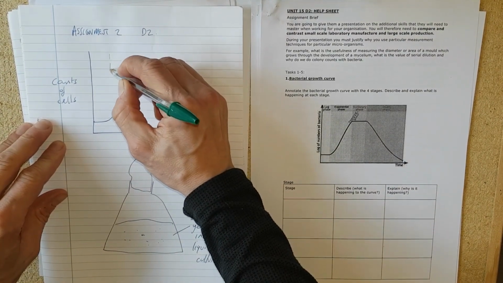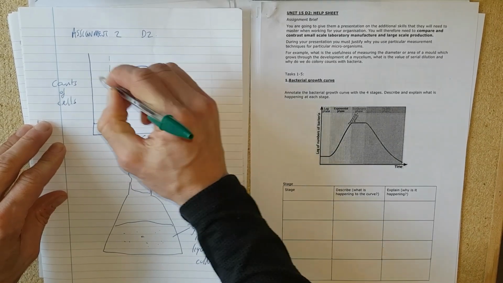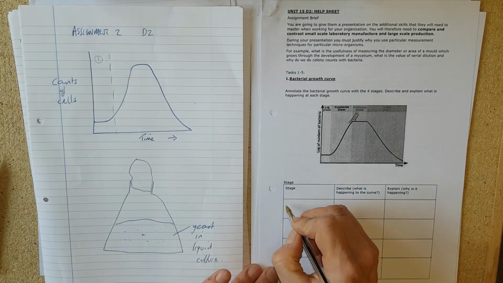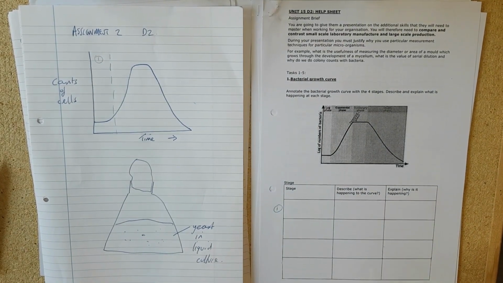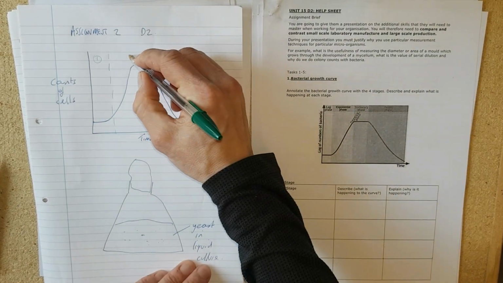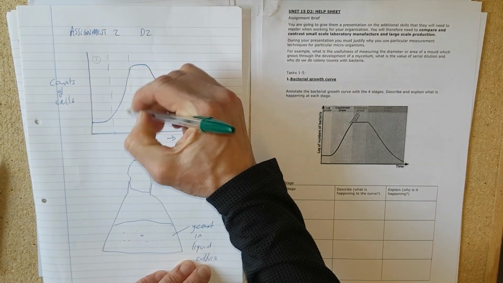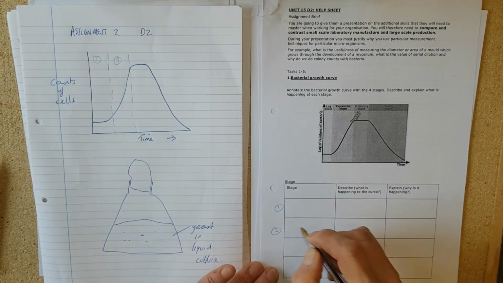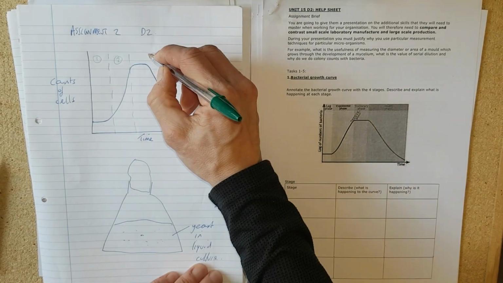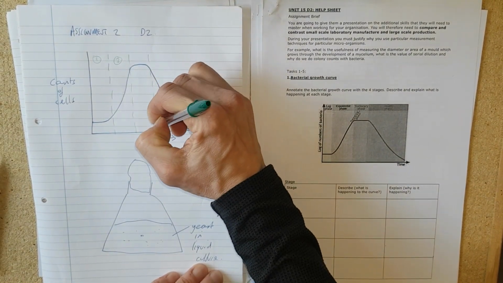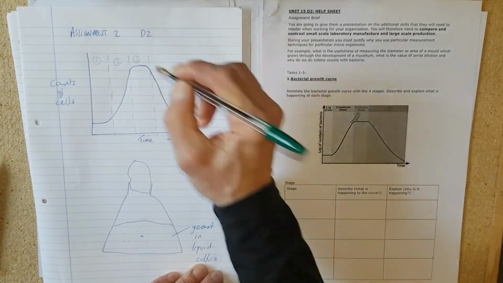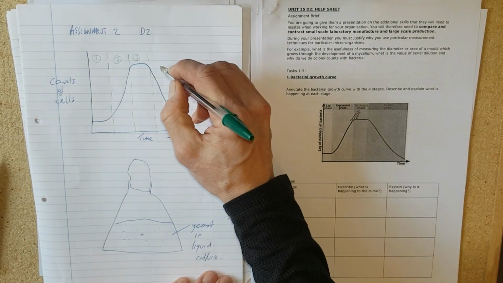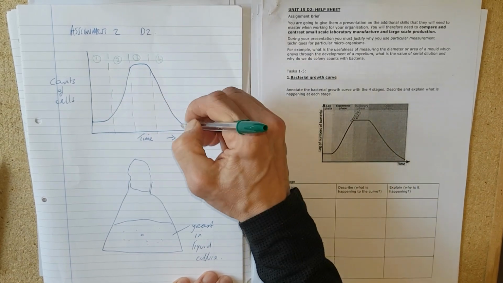So we've got a stage 1, and that's where we're going to explain there. Then we've got this kind of steep bit that's going on there, which is going to be stage 2. What's happening when it levels off? Stage 3. And then what's happening when it's going down? Which is going to be stage 4.